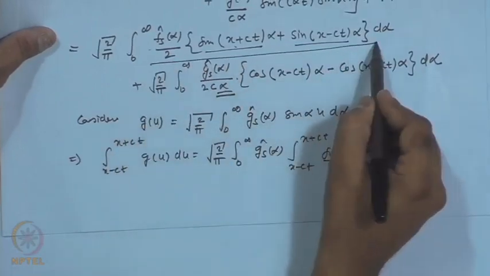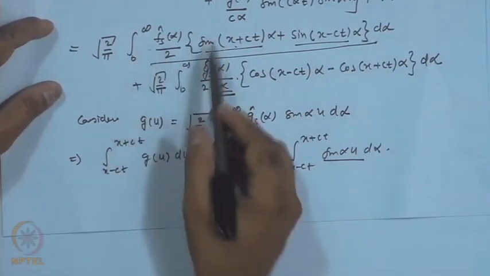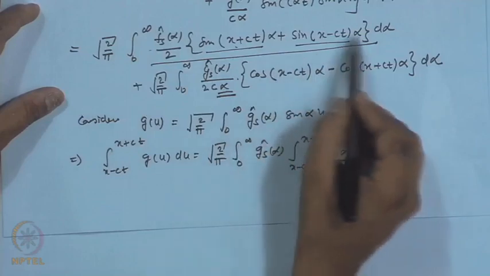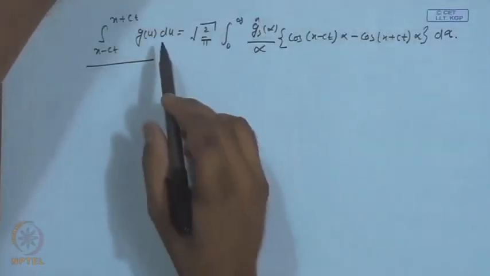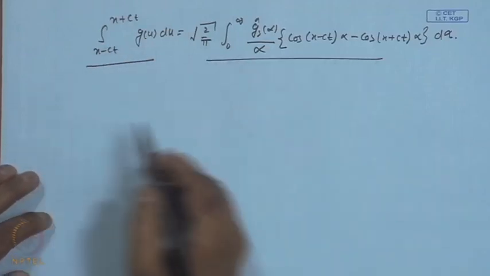So, if we go back to this, we know what the inverse will be, and here also we now know from this integral that this is equal to that.